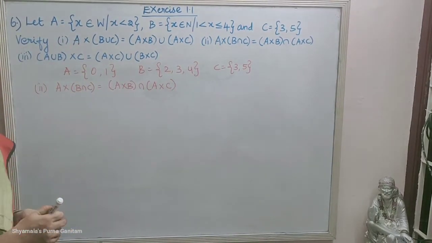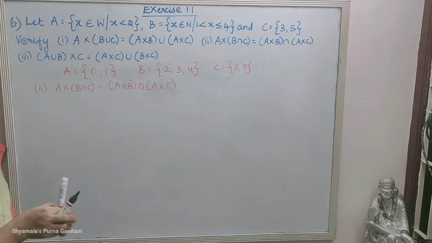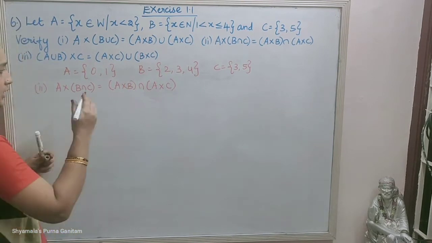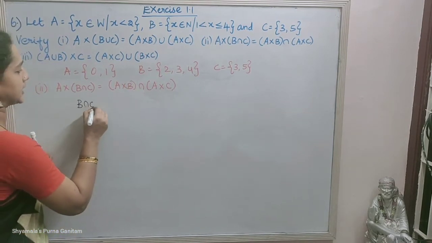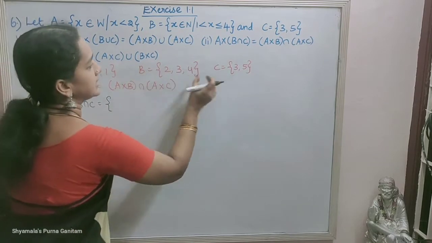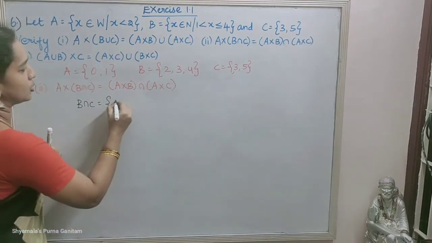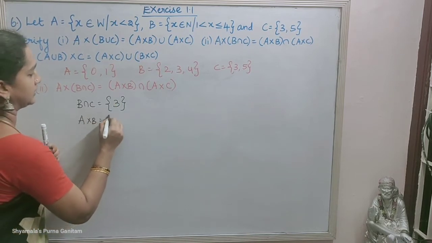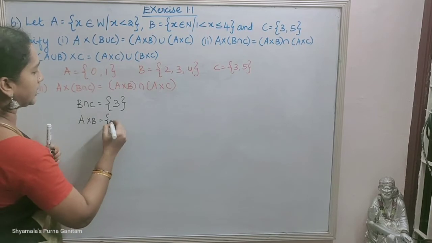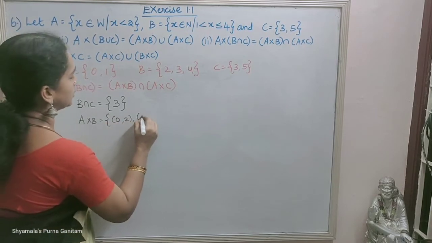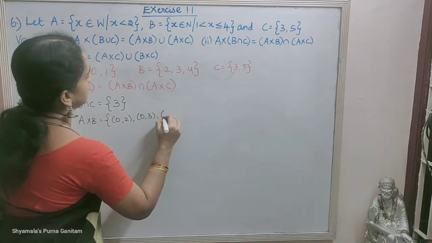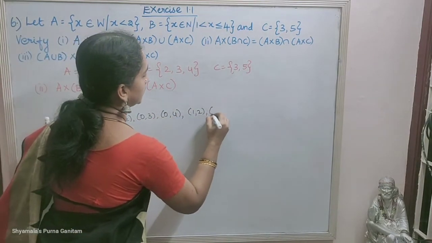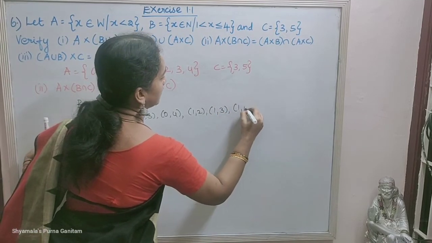As usual, the same way I did the previous one, whatever things are given, whatever we need to find, that we will do first. So B intersection C. The intersection element of B and C is only 3. Then A cross B we will find. A cross B is (0, 2), (0, 3), (0, 4), then (1, 2), (1, 3) and (1, 4).